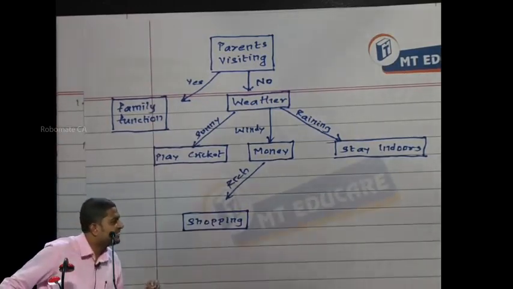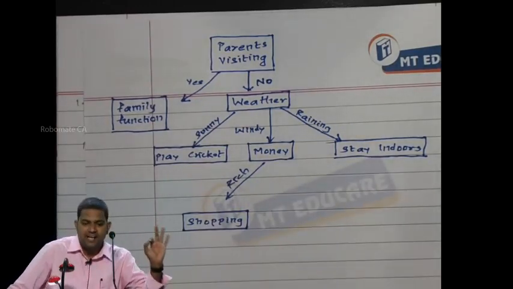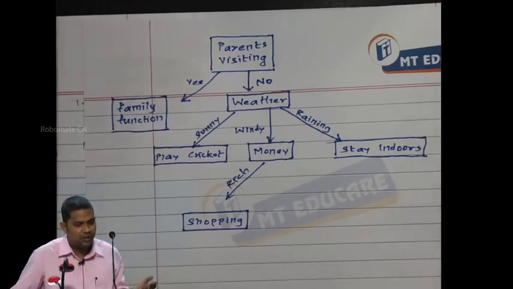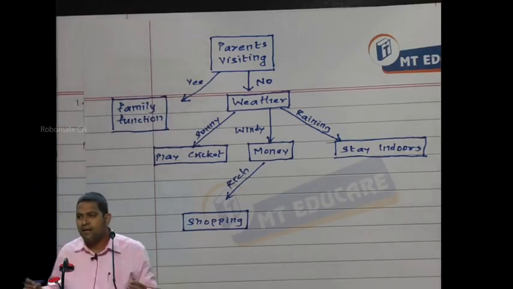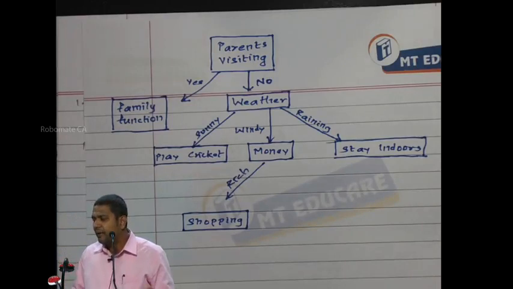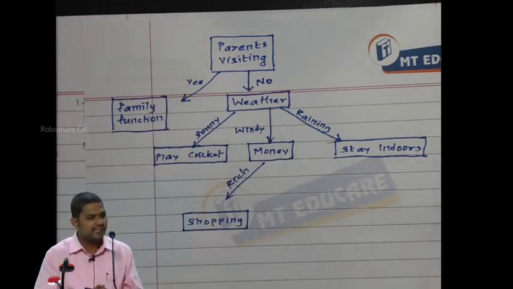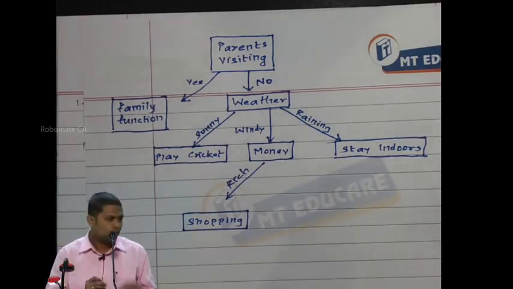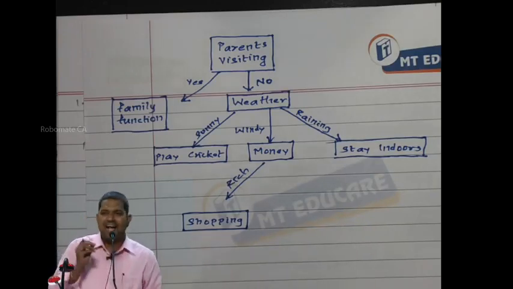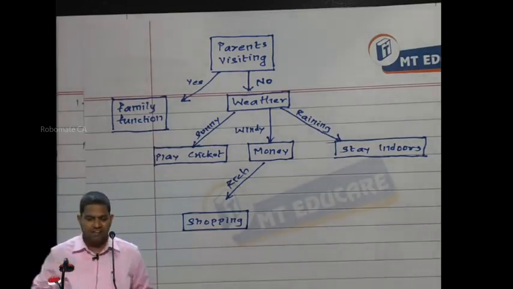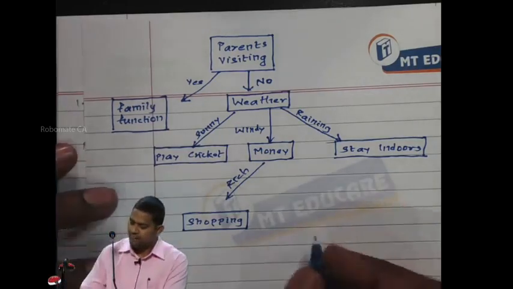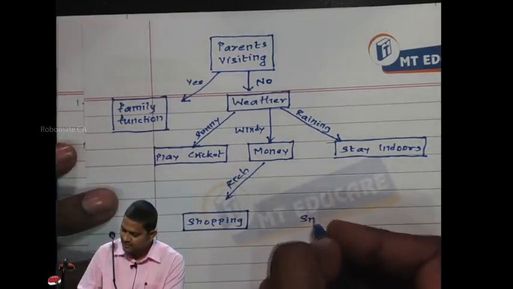But if he is having only limited resources, obviously he can't go shopping. With limited money, what he can do is roam around, do window shopping, and while roaming around he will feel hungry, so he can buy some snacks and obviously eat it.